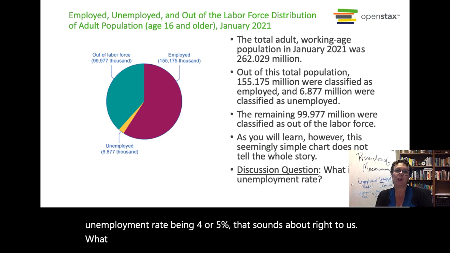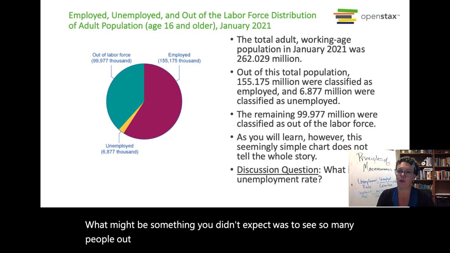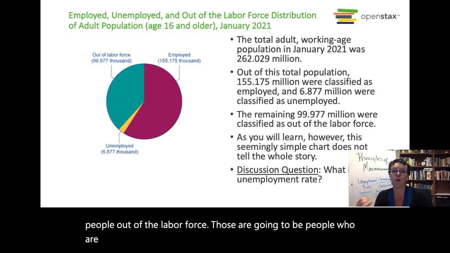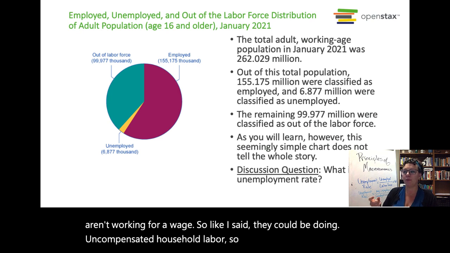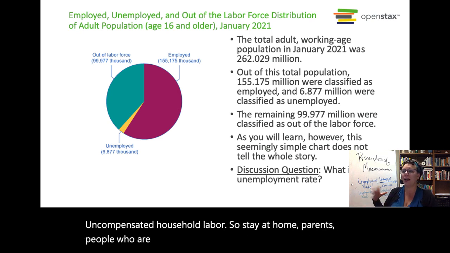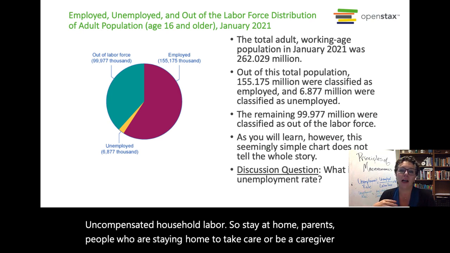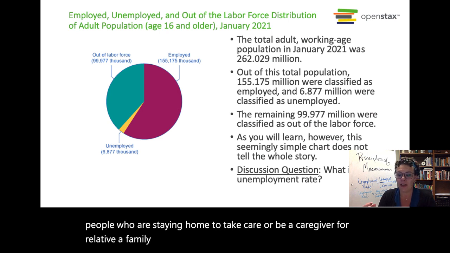What might be something you didn't expect was to see so many people out of the labor force. Those are going to be people who aren't working for a wage. So like I said, they could be doing uncompensated household labor. So stay-at-home parents, people who are staying home to be a caregiver for a relative, a family, or a friend.